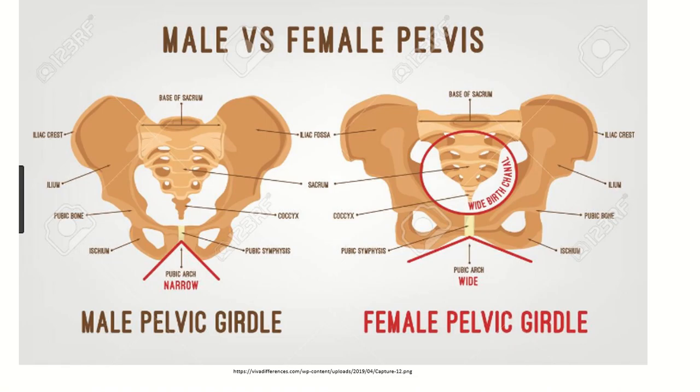So the main two differences are the acute angle formed by the pubic arc in males and the obtuse angle in females, and the heart-shaped pelvic brim in males and the circular pelvic brim in females.